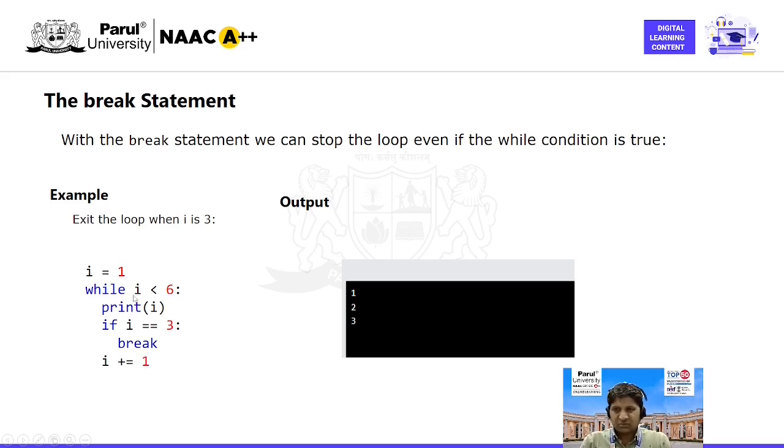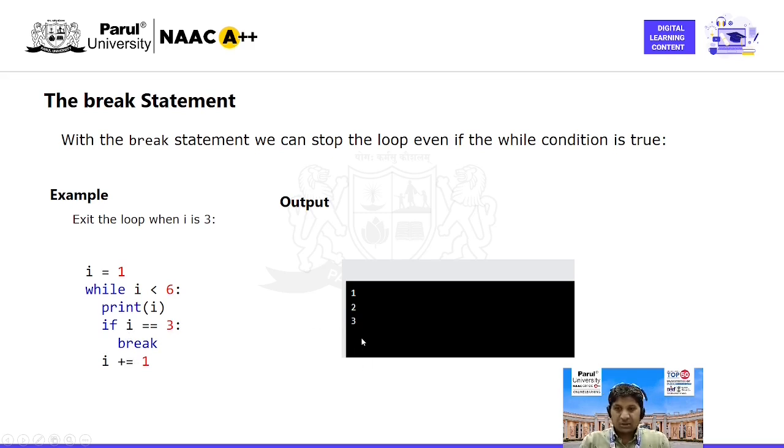I is 1, true, print I, 1. If I is equal to 3? No, the condition is not true, because I is 1 and 1 is not equal to 3. I plus 1, I becomes 2, print 2. Then I becomes 3, print 3. And if I equal to 3, the value of I is 3, then break.